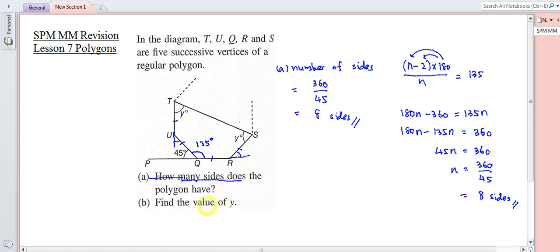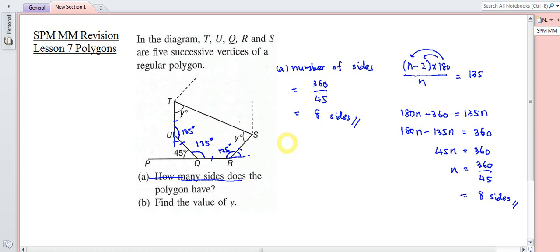Okay, so next part is to find the value of y. Since this is a regular polygon, this angle is also the same, right? All 135. Now 1, 2, 3, 4, 5. This is a pentagon because we have 5 sides, right?